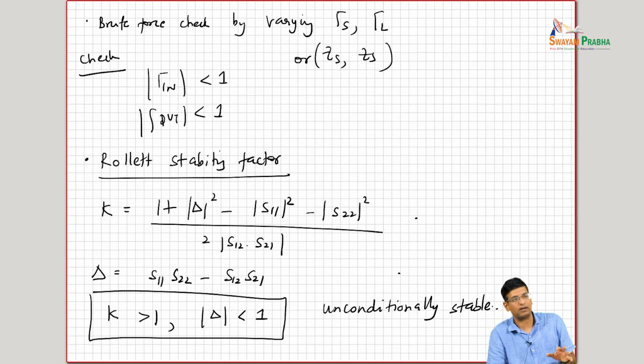We take our transistor and first make sure that K is greater than 1 and delta is less than 1, and we know that things are going to be unconditionally stable. Then we can go back to what we did before, which is to design the matching network with gamma in and gamma out optimum, and we basically have accomplished the gain.